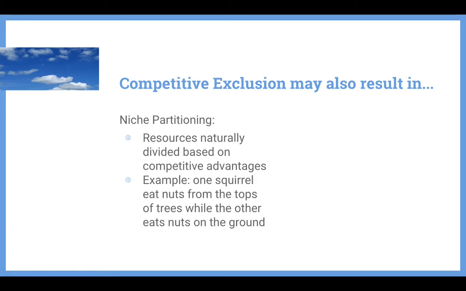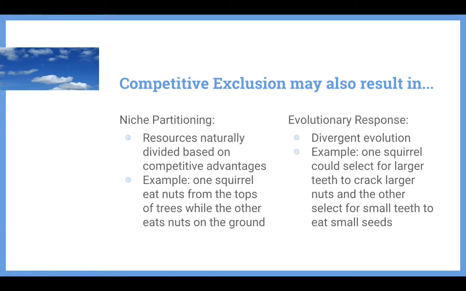The other thing that can happen is divergent evolution. Divergent sounds kind of like divide. So they could start off as similar in the niche they occupy, in the way they look, and evolutionarily the same thing.